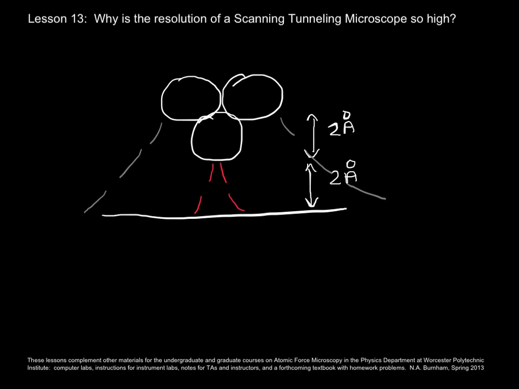Thus, it's as if the atom at the very end of the tip is channeling all the current through it. And because it's only 2 angstroms away from the surface, that current doesn't have much time to spread out. This accounts for the very good lateral resolution of STM, on the order of 2 angstroms, which is the size of an atom.